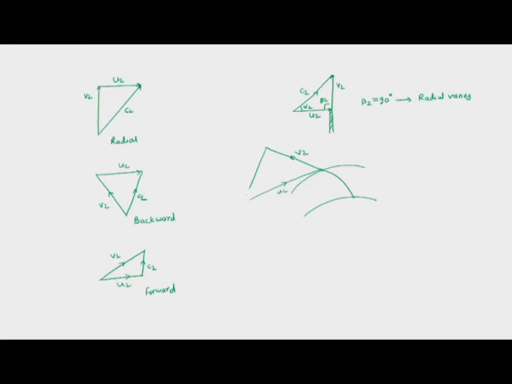So in this case this would turn out to be the C2. For C2 we have to decompose it. So this is practically beta 2 and this is practically the alpha 2.